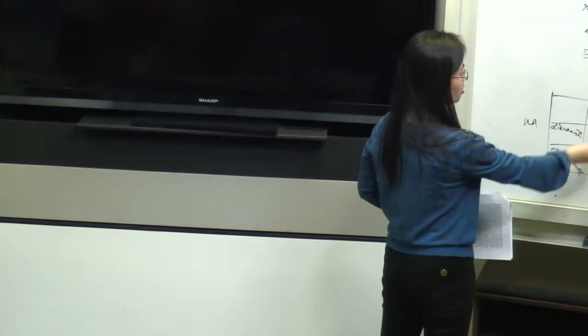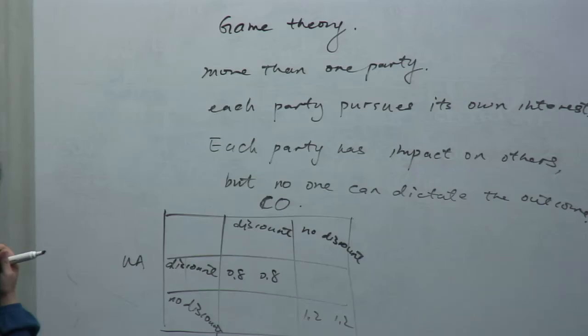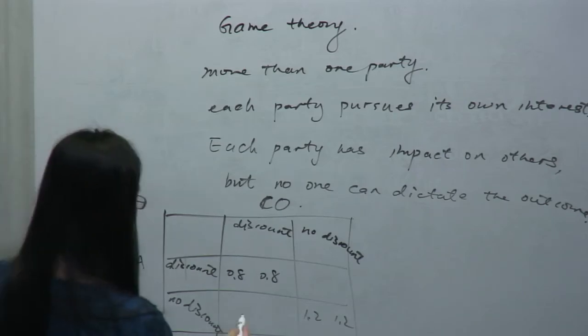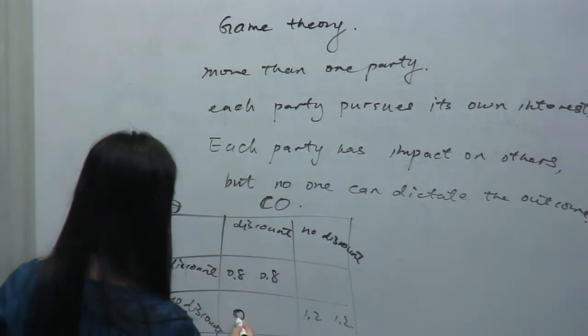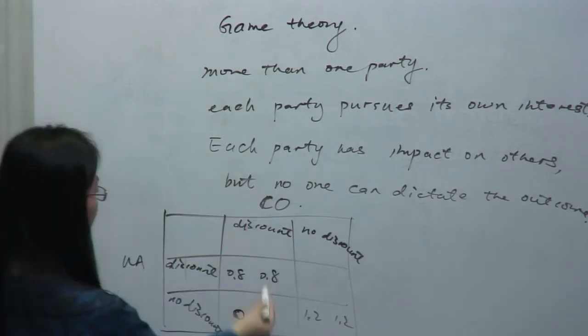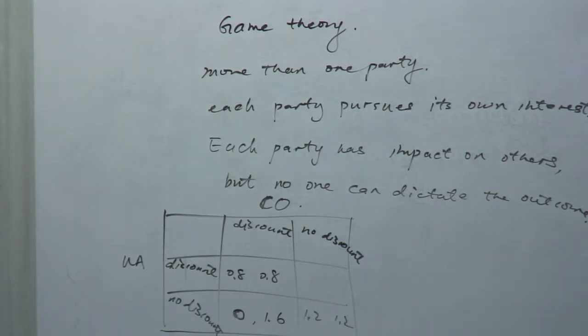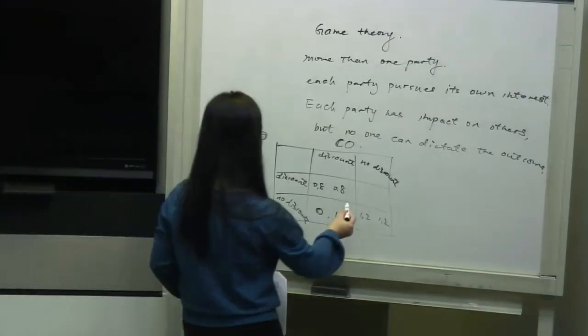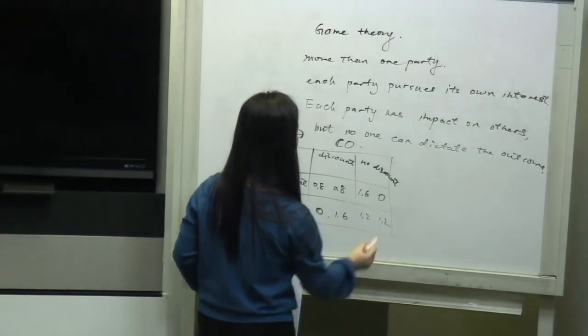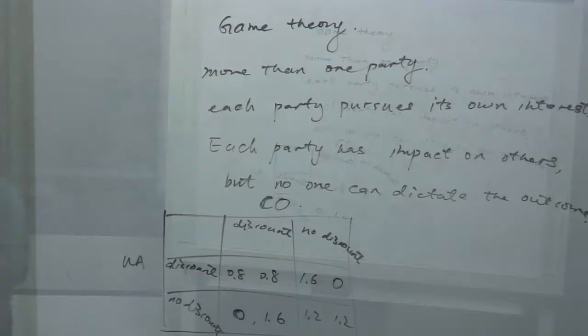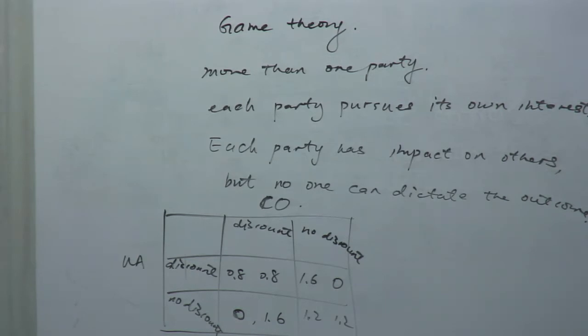So if UA offers no discount and Continental Airlines offers a discount, then UA is going to make 0. The other guy, Continental Airlines, is going to make $1.6 million, and vice versa. Everybody understand the situation here?